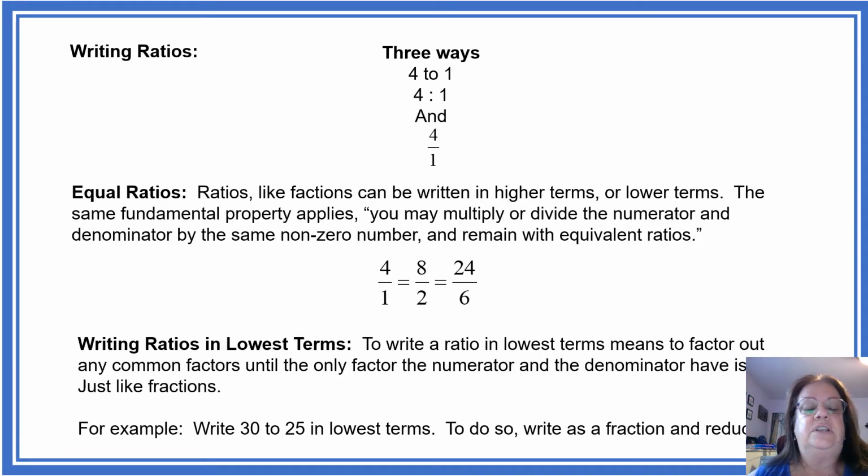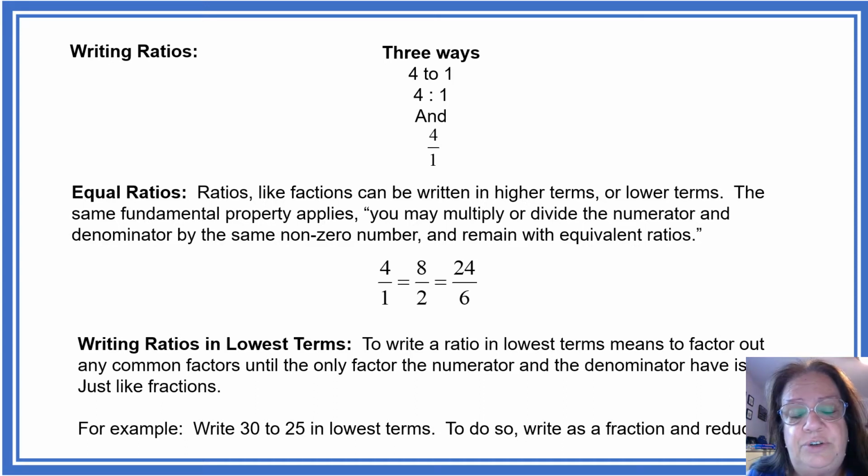Equal ratios. Ratios, like fractions, can be written in higher terms or lower terms. The same fundamental property applies: you may multiply or divide the numerator and the denominator by the same non-zero number. What that's saying is you can make the numbers larger or smaller by reducing the fraction.